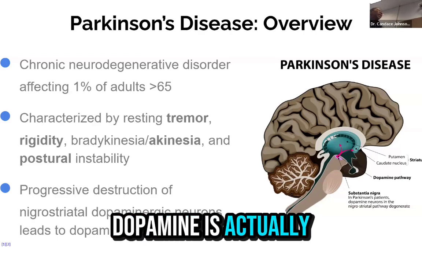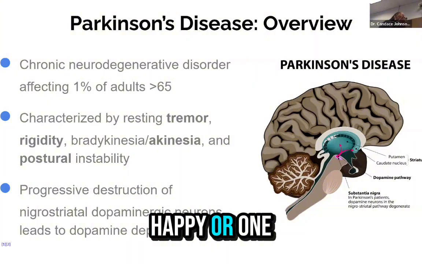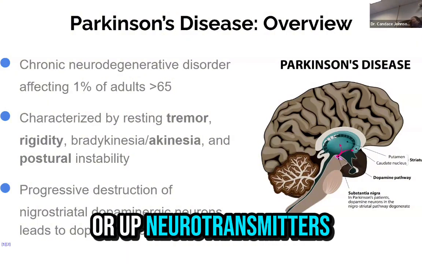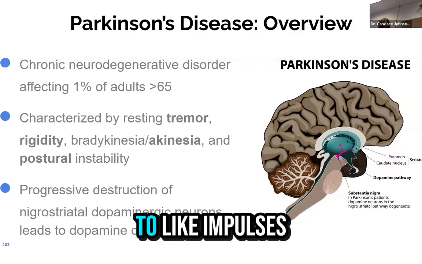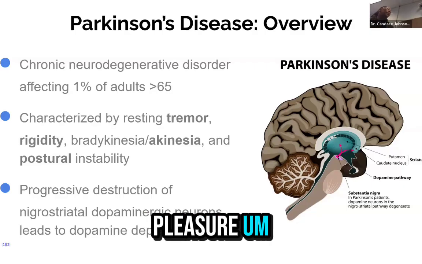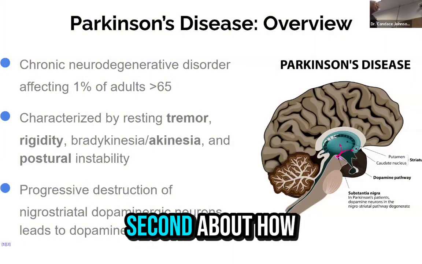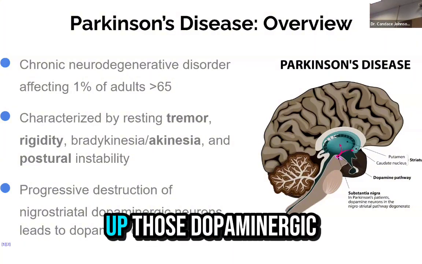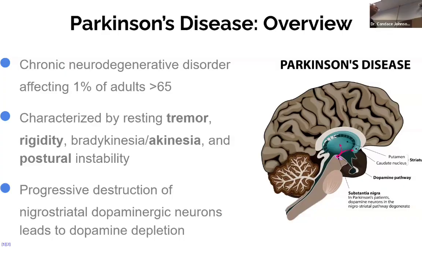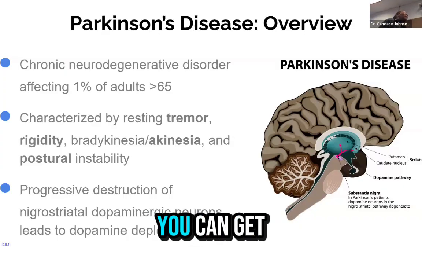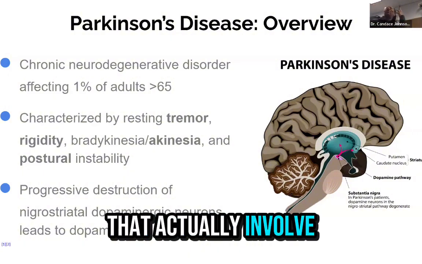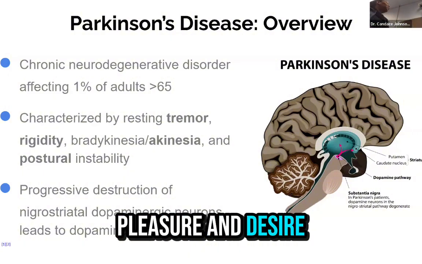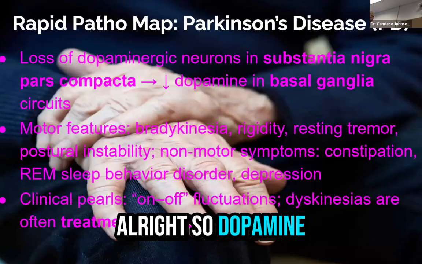Dopamine is actually one of the happy, or one of the good, or up neurotransmitters, right? We have dopamine fired off. It's usually connected to impulses, pleasure, and we'll talk a little more in a second about how if you open up those dopaminergic receptors too much, you can get some unwanted side effects. We'll talk about what that actually involves: pleasure and desire. All right. So dopamine.